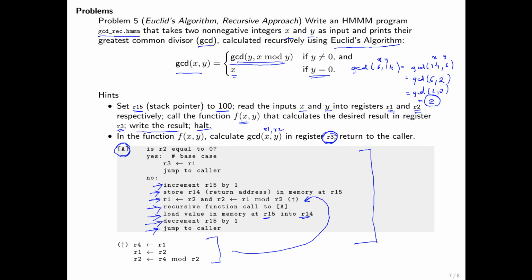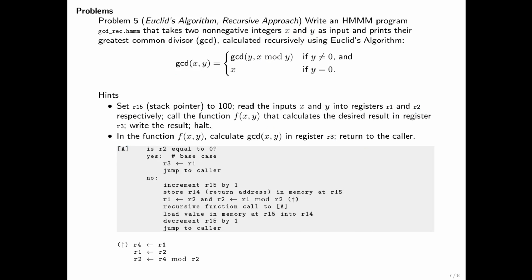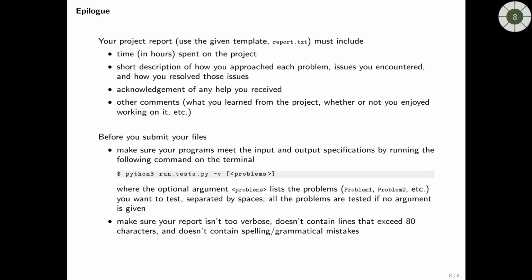A few final comments. Now, make sure you write a report for the project. And when you do that, make sure you use the template that is given to you. Okay, report.txt. That's part of the zip file that you downloaded for the project. And now in that report that you write, make sure you specify the time that it took for you to work on this project.